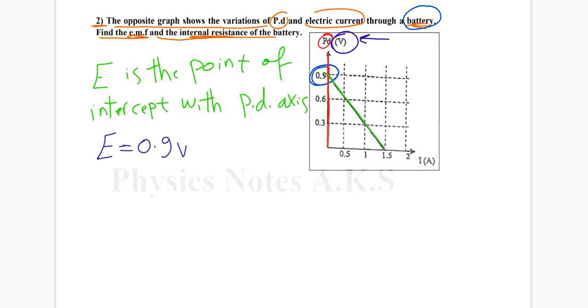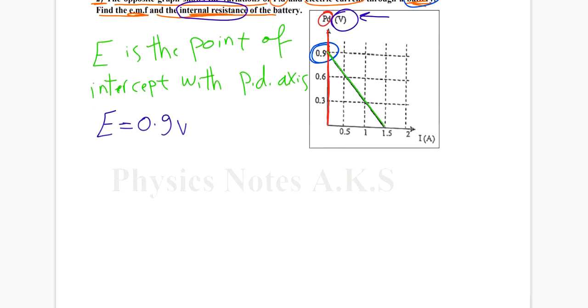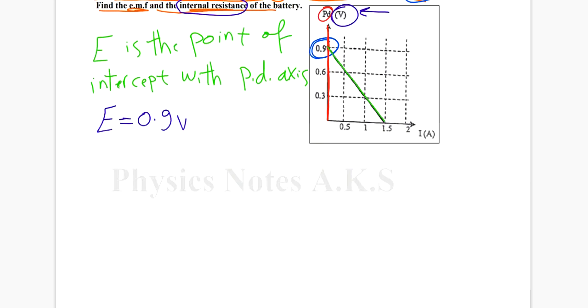Now they want the internal resistance of the battery. The internal resistance is going to be negative the gradient.